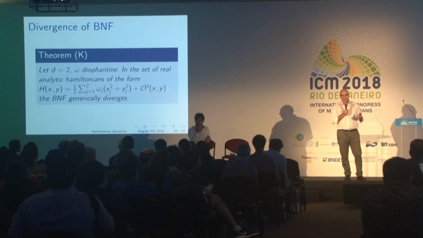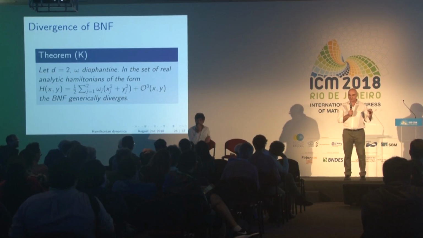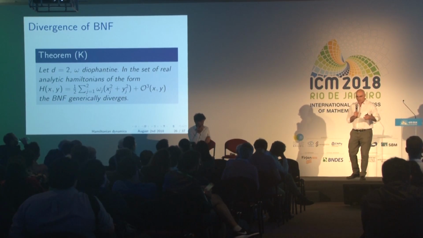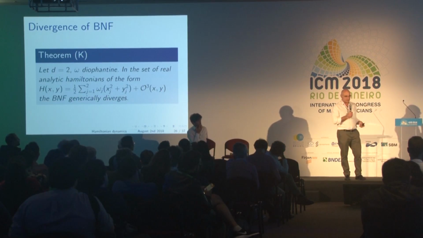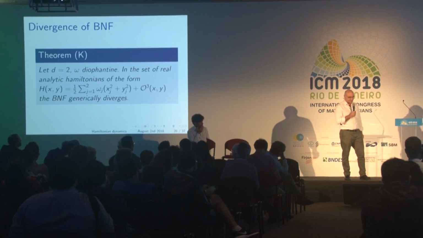On the other hand, you've got a more global procedure, which is a KAM procedure. You take your H and you try to conjugate it more globally to an integrable form, which is basically what you always do in KAM theory.